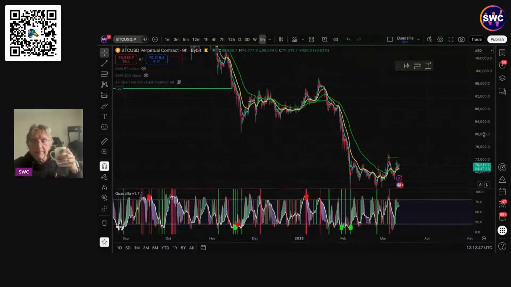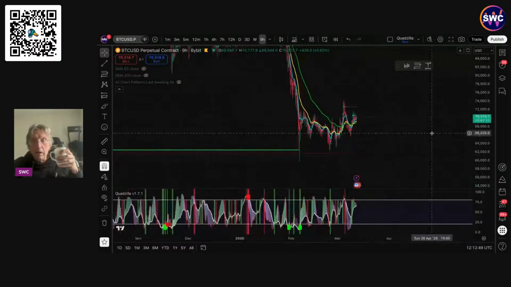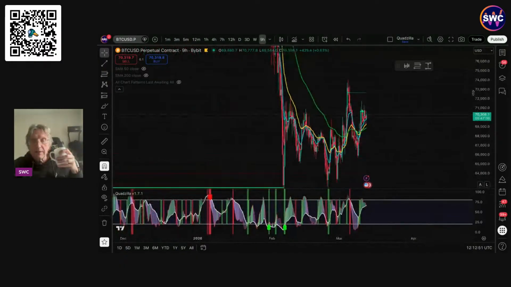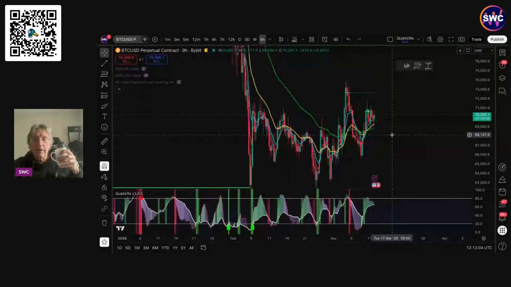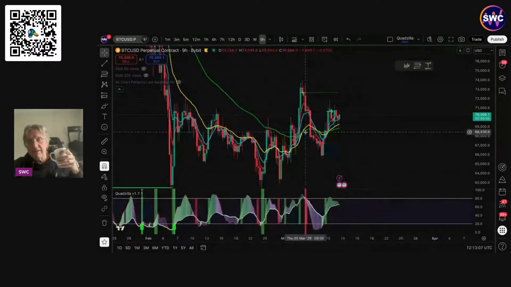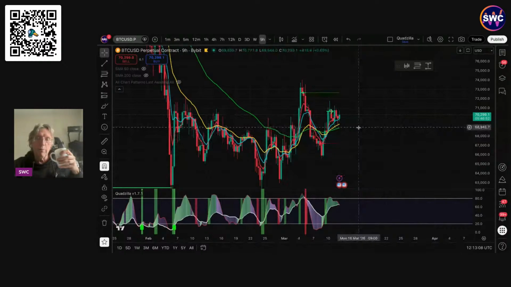What I'm looking for is this green 55 EMA and the yellow 21 EMA crossing bullish, and basically it was just fanning about, going backwards and forwards like that. But I think that's starting to look like it wants to go up a little bit.